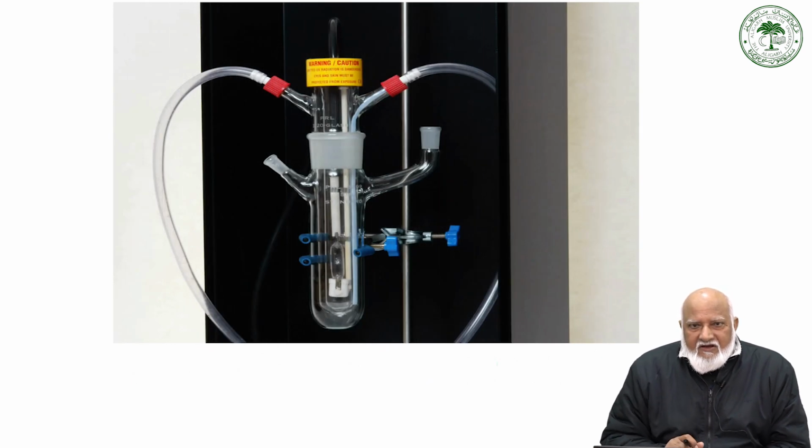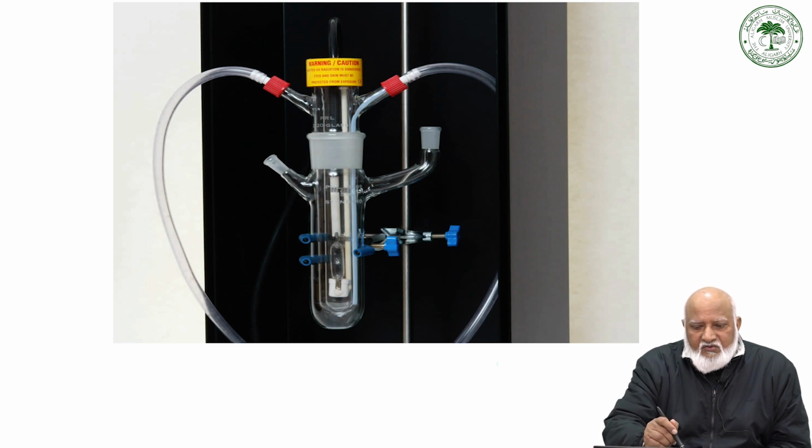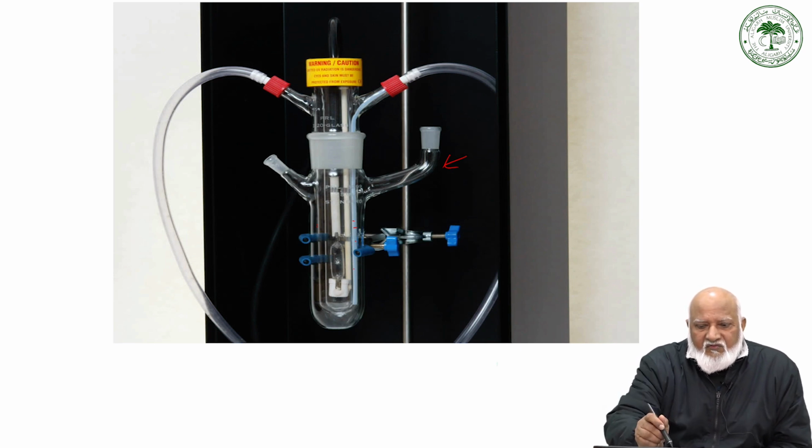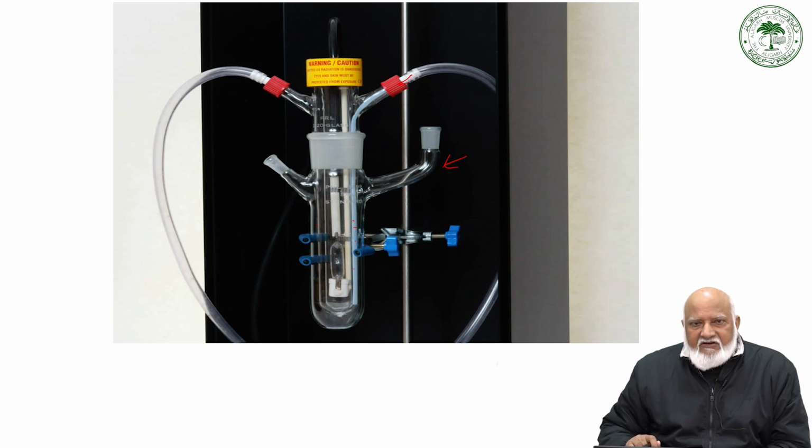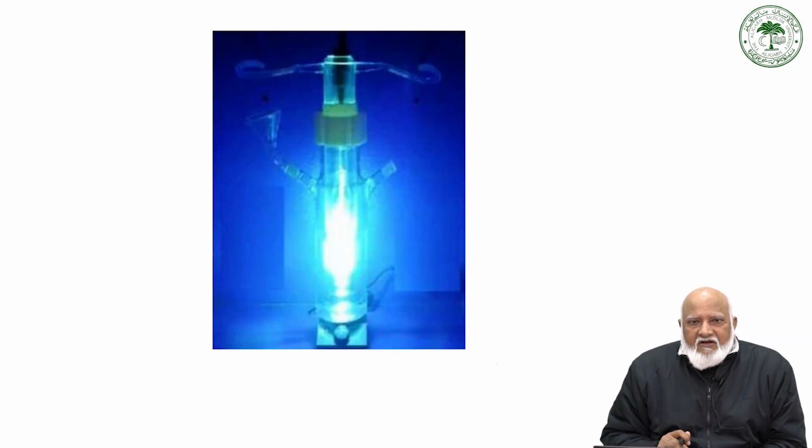This is the inner jacket, and the solution comes in between the two jackets. We can also flush nitrogen, as well as oxygen, whatever environment you use, and this is water cooled. When the light is on, the reactor looks like this.